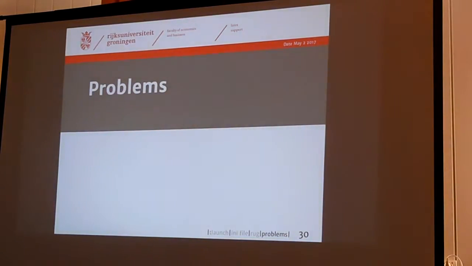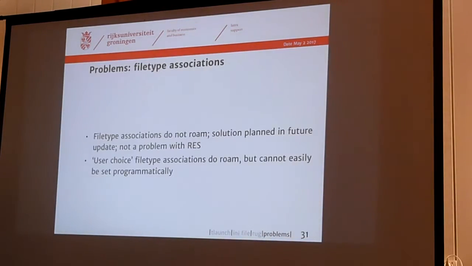Well, of course, reality is never as nice as it is in theory. For instance, a long-standing problem of Windows is that file type associations are the one thing that does not roam. You have to make them new on every other new workstation that you work on.